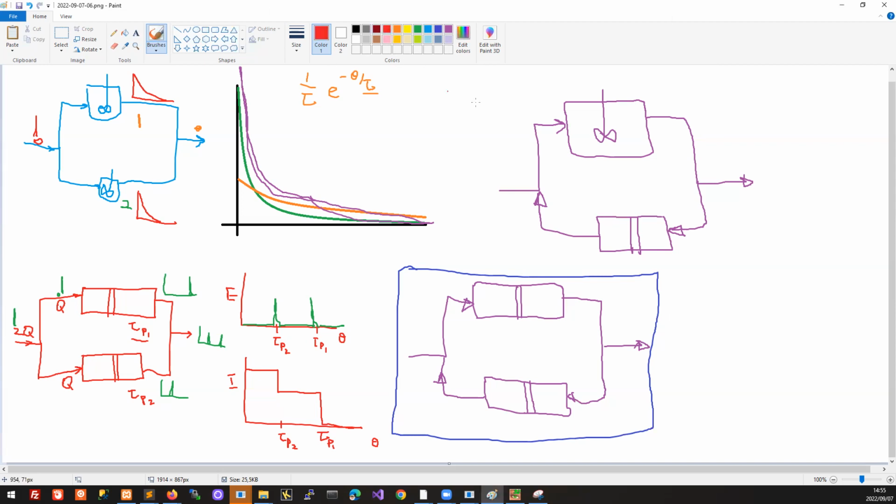Of course, the way I'm going to figure this out is to start with a spike at 0 and imagine what happens to that spike. That spike is going to flow in this direction. It's going to be delayed here by tau p1. So let's label them tau p1 and tau p2.